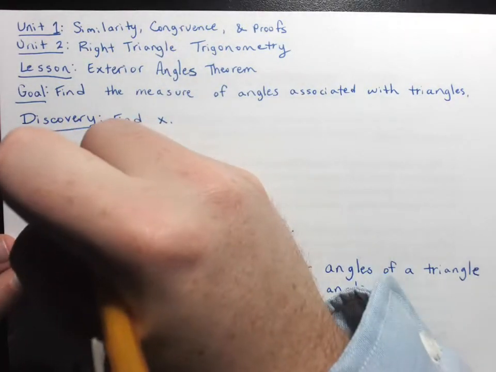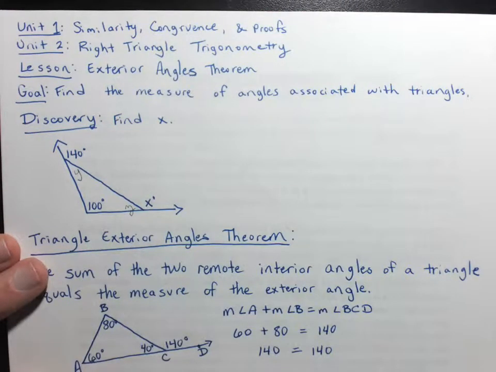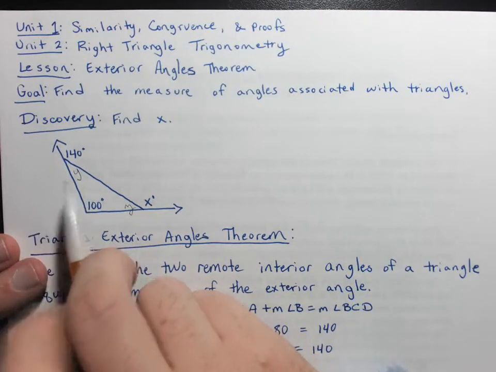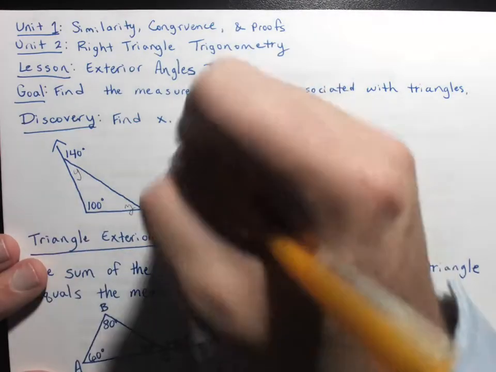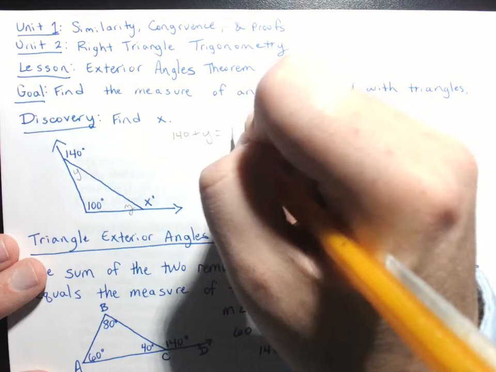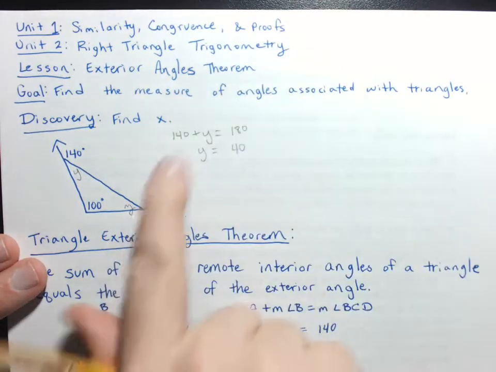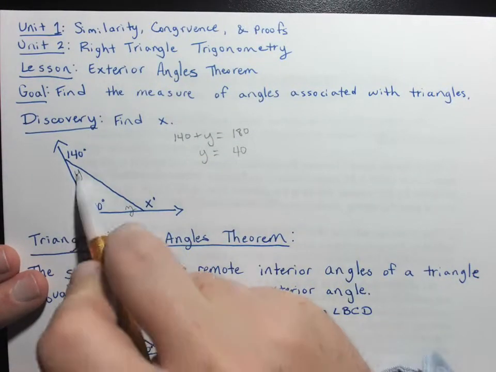So if I start associating this angle with y, and let's give this one z just for the sake of giving them names. I guess I should have used numbers, but that's okay. We'll use variables for the measure of the angles. But 140 plus y should equal 180, which means that y is 40 if we subtract 140 from both sides. Then we can put together these two.